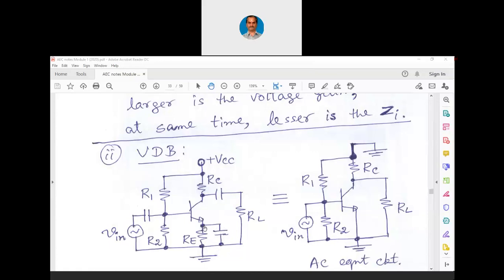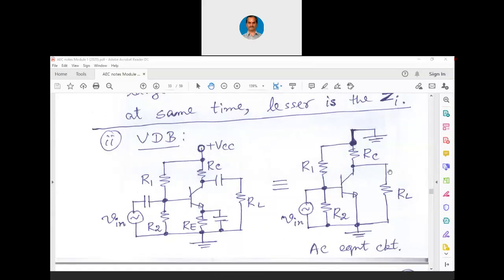As far as the AC signal is concerned, whatever signal is coming at the emitter will be shorted to ground. So, here we can directly connect the emitter to ground because of this capacitor which is in parallel. And the blocking and coupling capacitors we are replacing with short. And the power supply we are replacing with ground because it is an AC ground. Now, this is the AC equivalent circuit for the complete voltage divider bias amplifier circuitry.